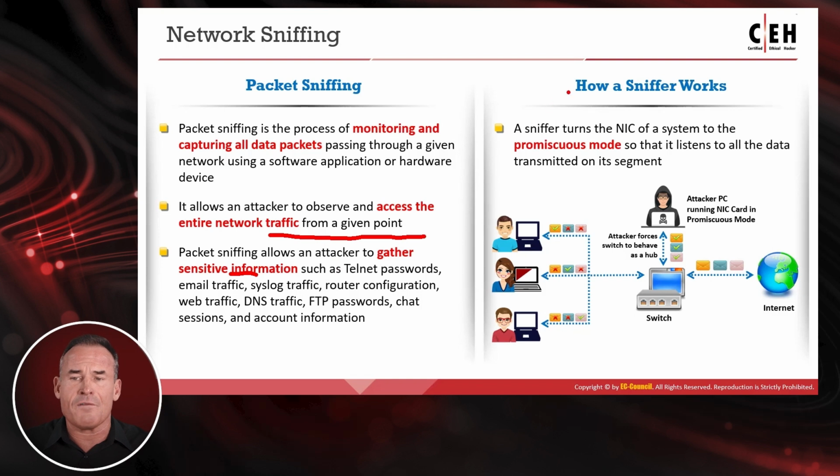And second hurdle to overcome, which is really easy, is to flip your NIC into a promiscuous mode. And all that means is it will process every frame it reads off the network, regardless of destination address. In an Ethernet environment, for example, the first 48 bits of every frame is the destination MAC address or media access control.